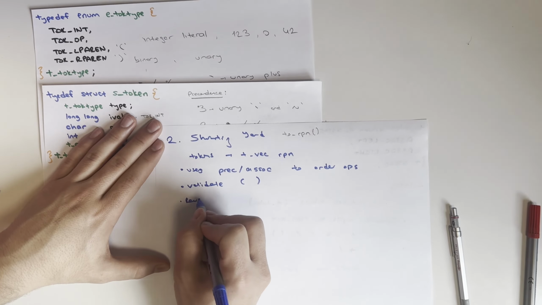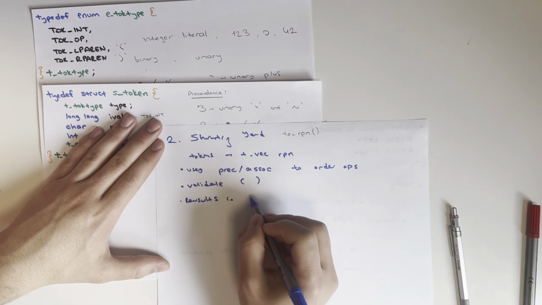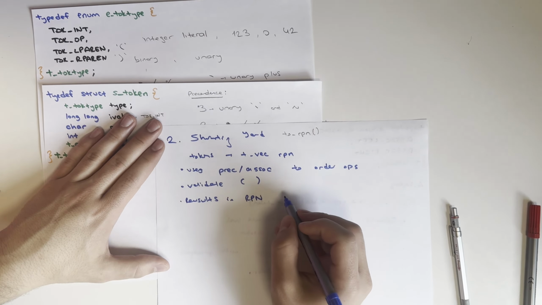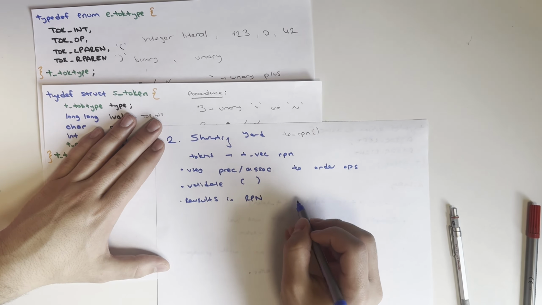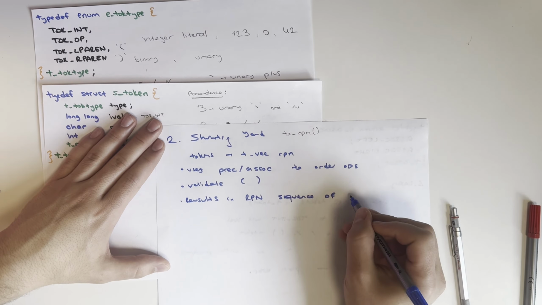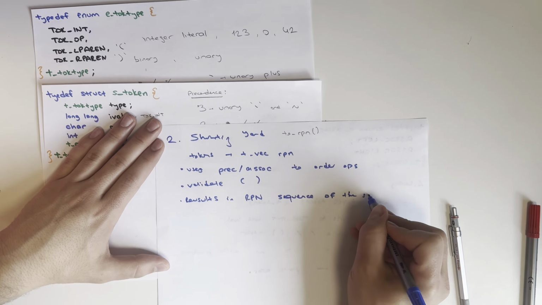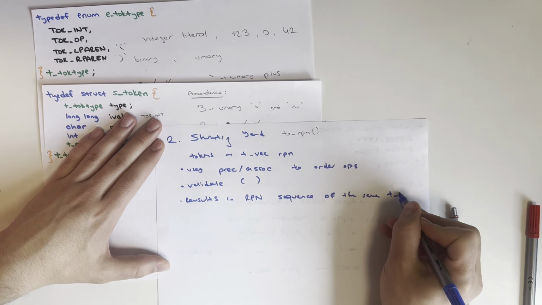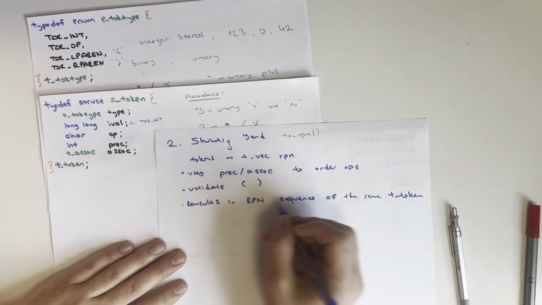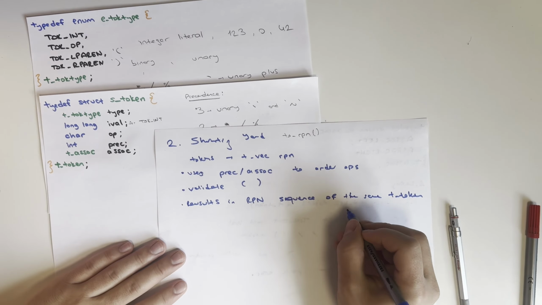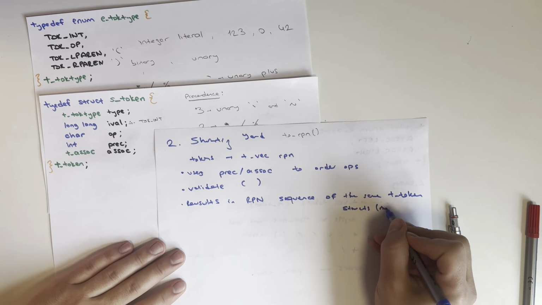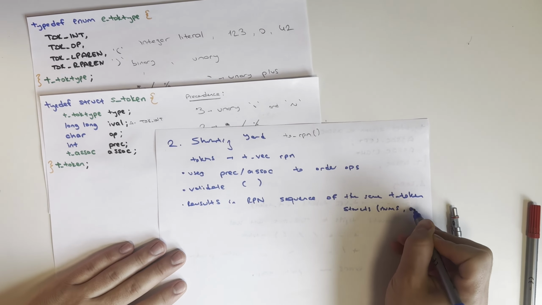The result in reverse Polish notation will be in the sequence of the same T token. It will use the same structs, which means it will have some numbers and operators.